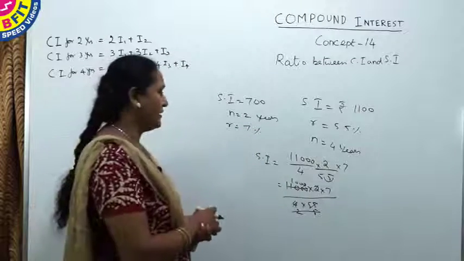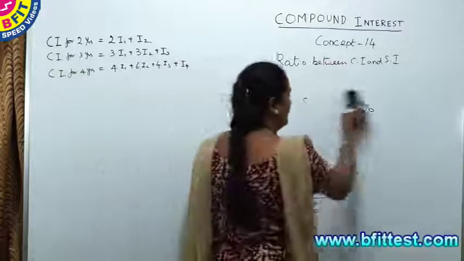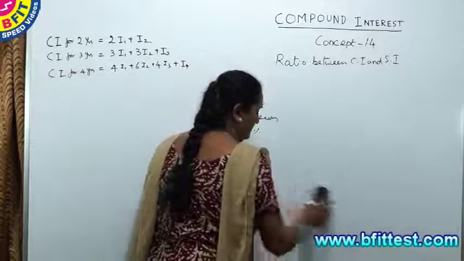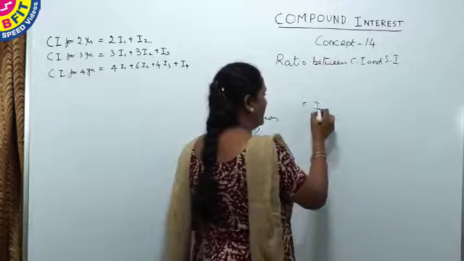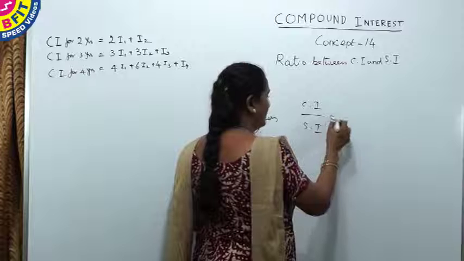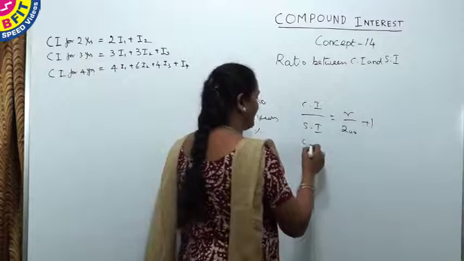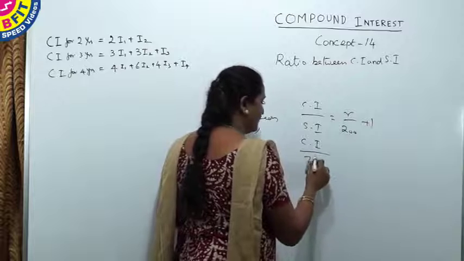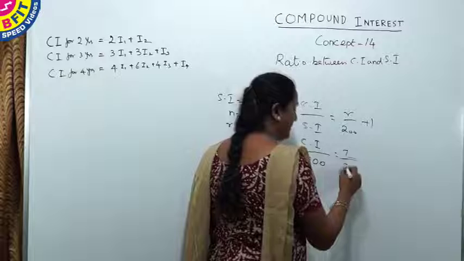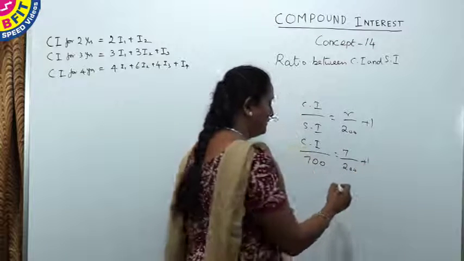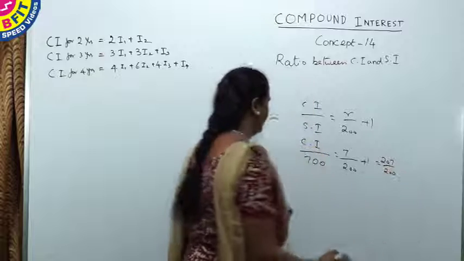Now what is compound interest for 2 years at 7%? Using the ratio we can find compound interest for 2 years at 7%. So compound interest is not known, simple interest is 700. So the ratio is 7 by 200 plus 1, which is equal to 207 by 200.